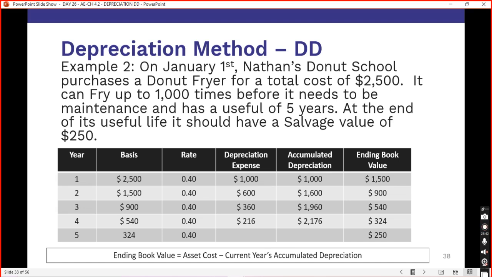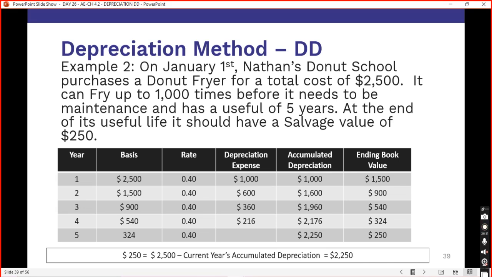What minus what is going to give you 250? If you know for a fact that your ending the year book value needs to be 250 and you started your asset cost at 2,500, then you could solve there, right? Plug in and solve. So therefore, 2,500 minus X is equal to 250, which we know is 2,250, right?